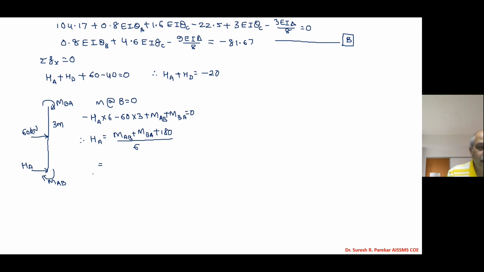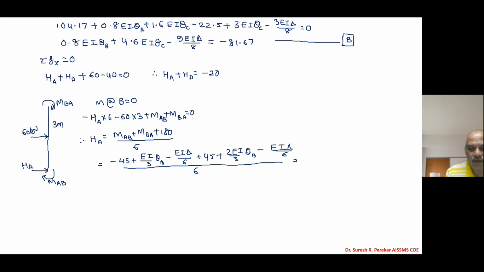So we have MAB minus 45 plus EI by 3 theta B minus EI delta by 6, MAB plus MBA we have 45 plus 2 EI by 3 theta B minus EI delta by 6, whole divided by 6.